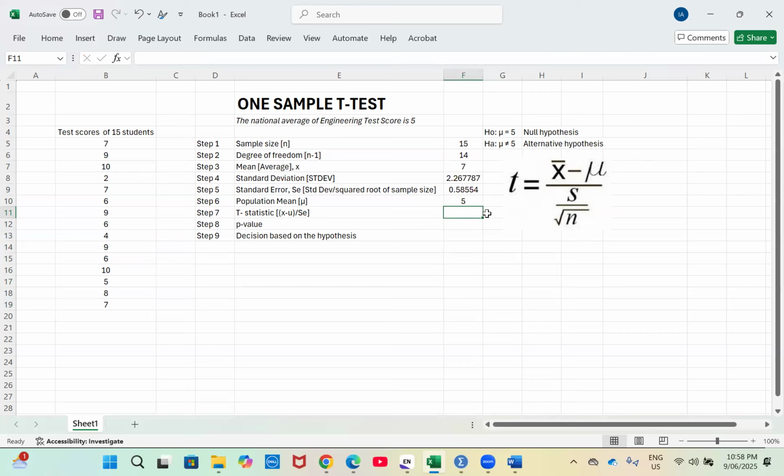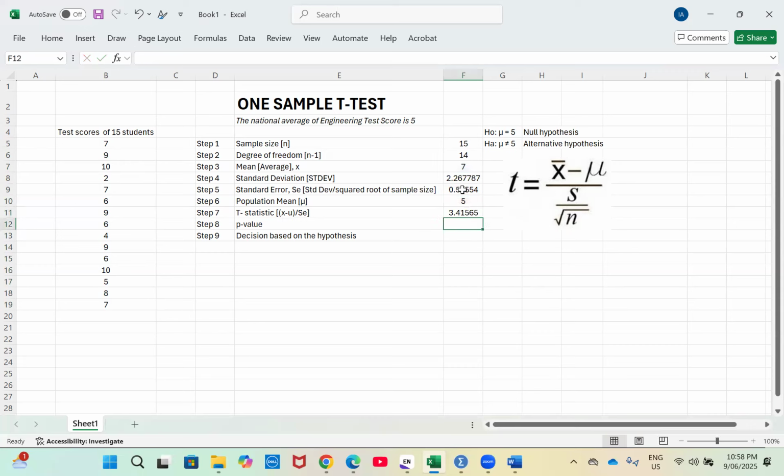Using this formula, x bar is the mean of the sample, the sample mean, minus the mean, which is the national average of the engineering test score, divided by the standard error, which we have already computed, which is the denominator.